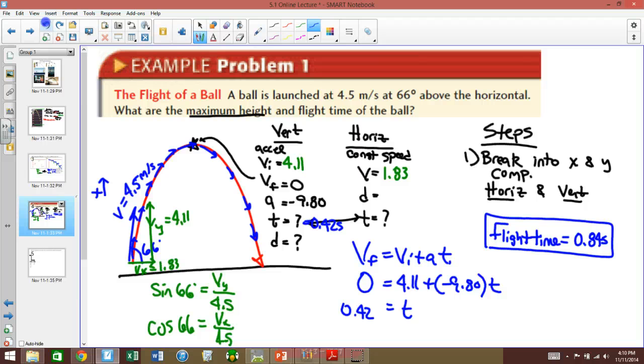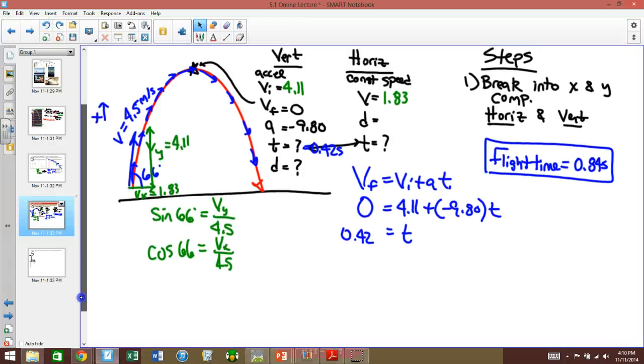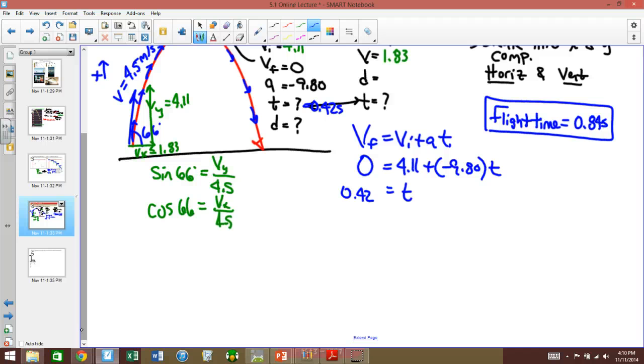How high does it go? Let's use an equation that uses distance. So let's make my paper a little bit bigger here. I'll go Vf squared equals Vi squared plus 2AD. You could use the other one. Distance equals VIT plus 1/2 AT squared. You can do that. I just like this one because it's got a 0 in it.